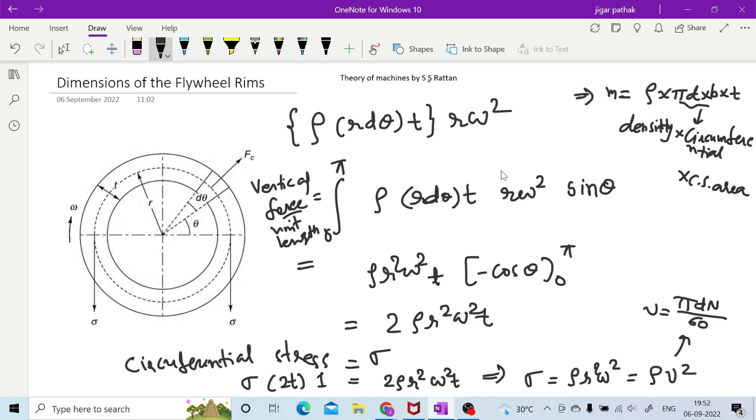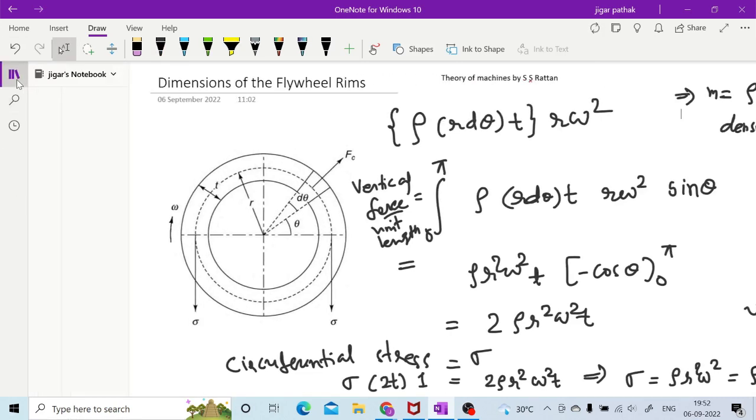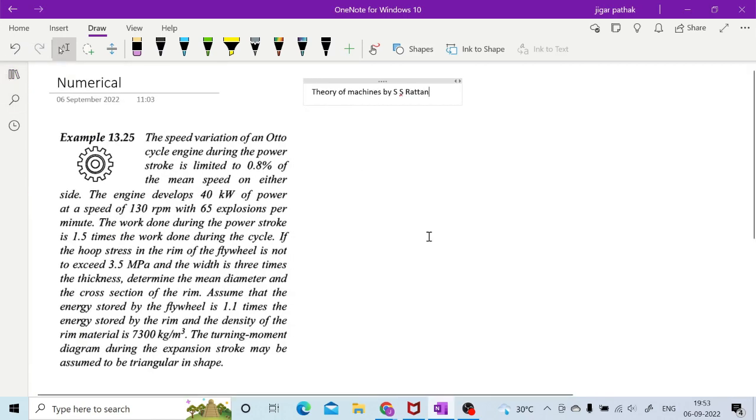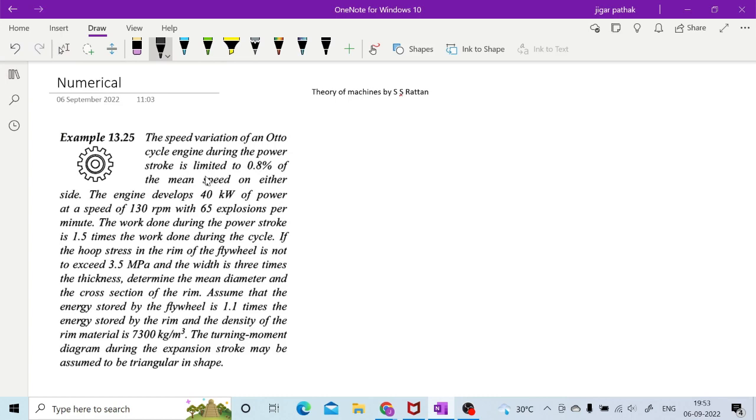Once you are done with this, you can go for the next numerical. Here it is mentioned that the speed variation of an Otto cycle engine during the power stroke is limited to 0.8% of the mean speed on either side. The engine develops 40 kilowatt of power at a speed of 130 rpm with 65 explosions per minute.